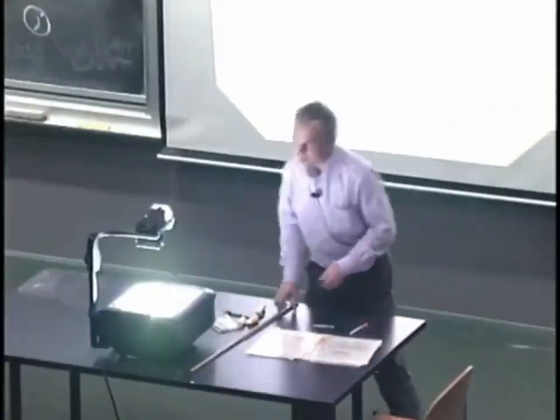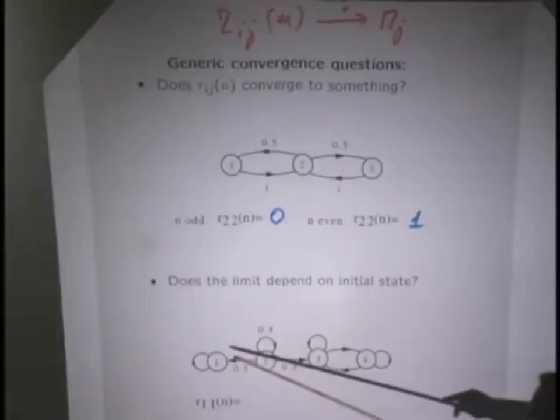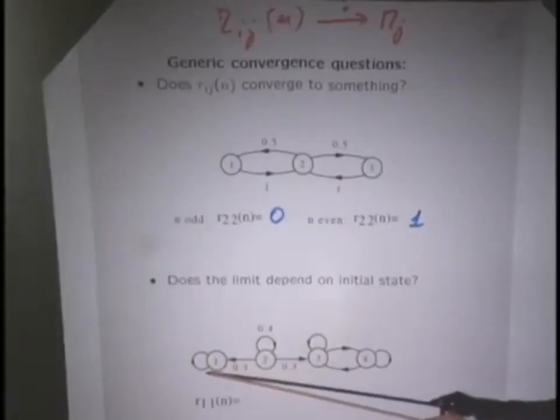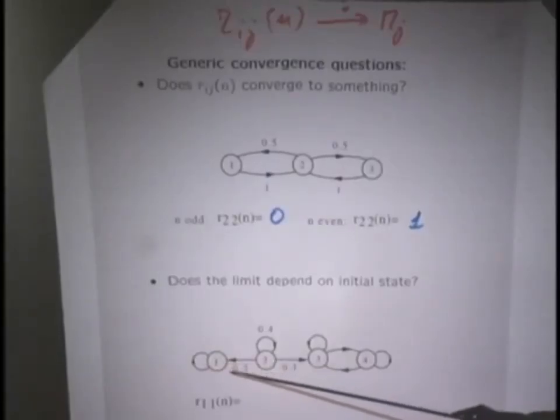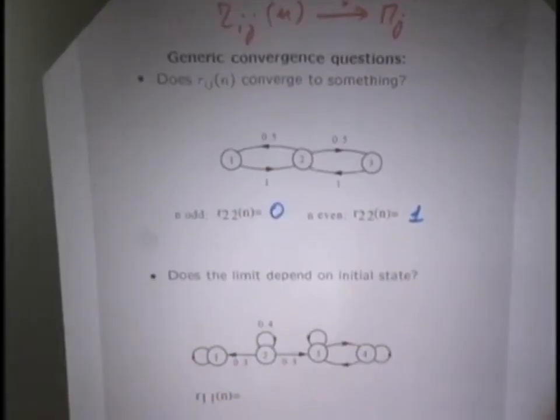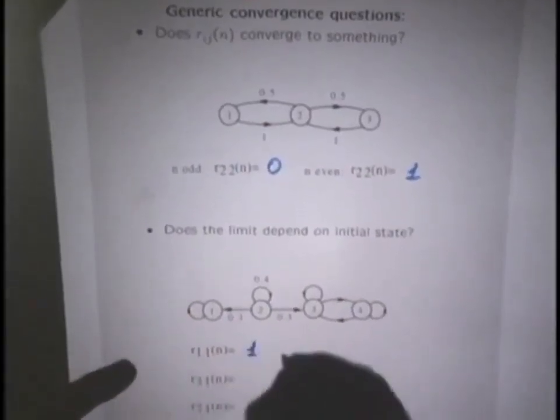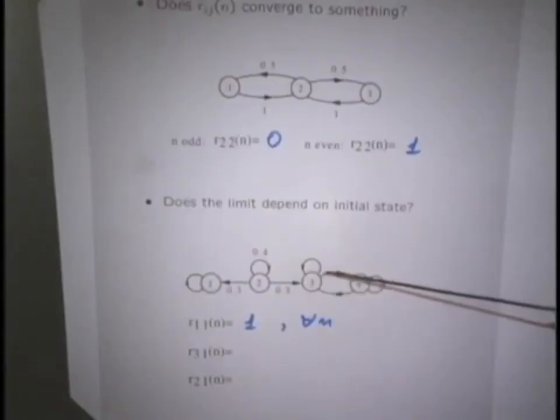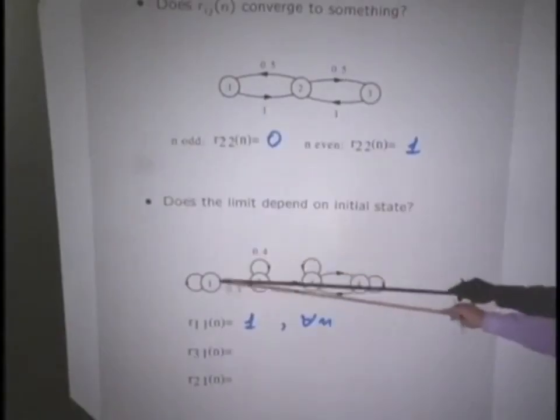Look at this chain here. If you start at state 1, you stay at state 1 forever. There's no way to escape. So this means that R11(n) is 1 for all n. If you start at state 3, you will be moving between states 3 and 4, but there's no way to go in that direction.